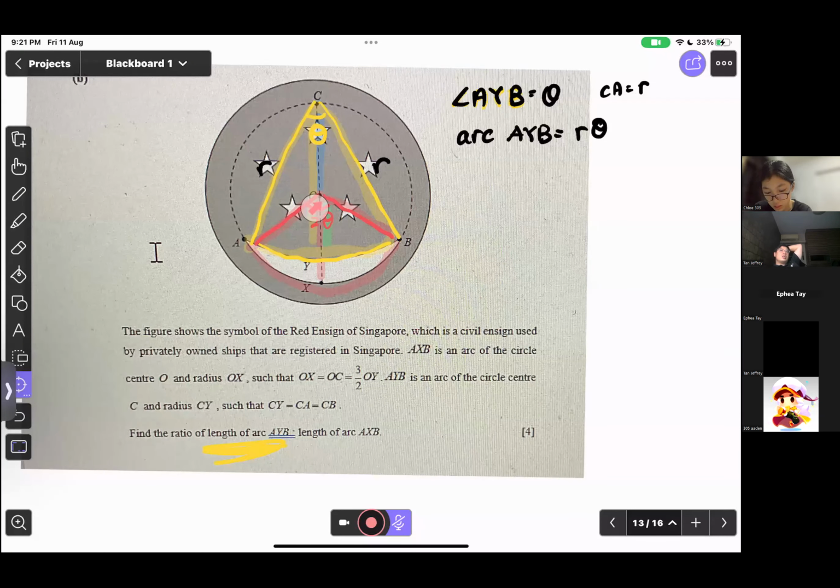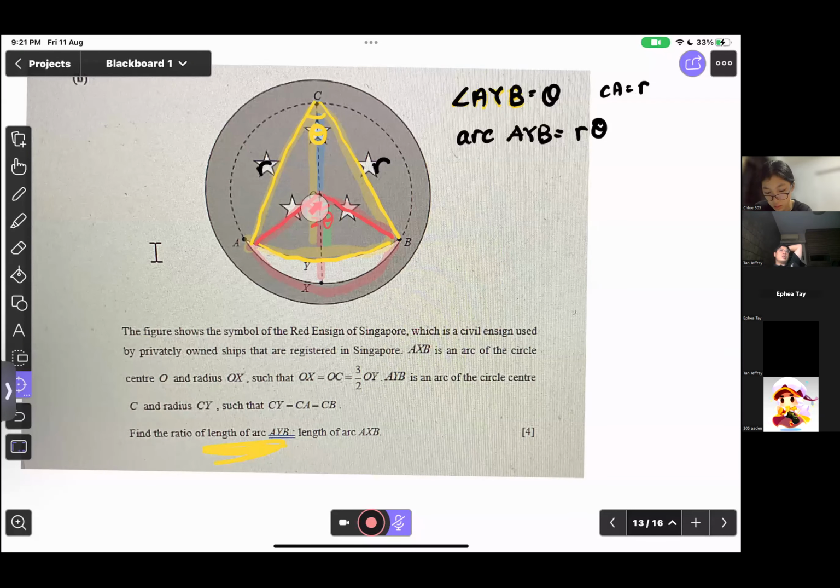So this is 2/3 of this one. This whole thing is how much? Sorry, Aiden, wait.